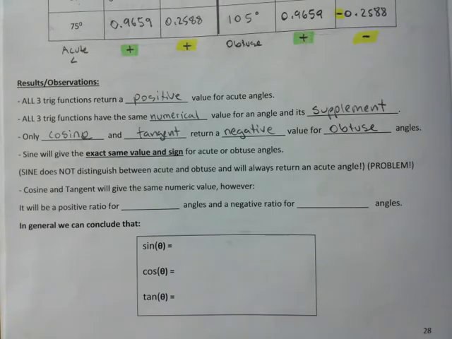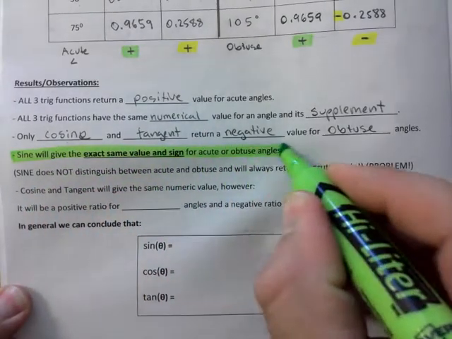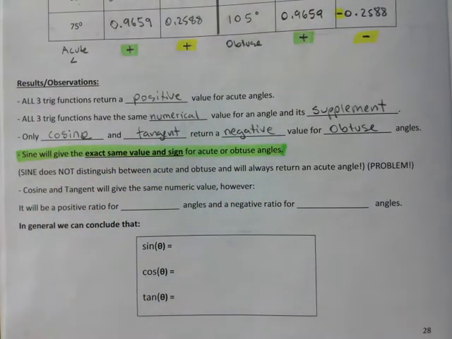Sine will give the exact same value for both acute and obtuse, right? This is where the ambiguity is going to come from.